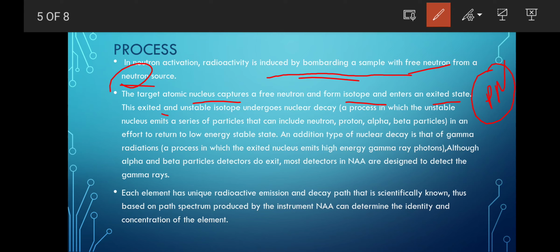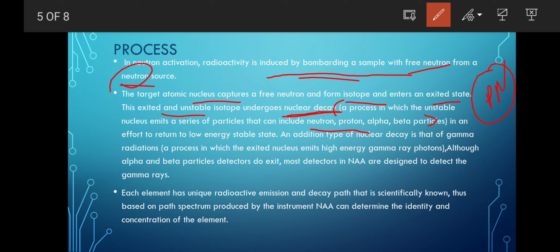This excited state, the unstable isotope, undergoes nuclear decay. Nuclear decay is a process in which the unstable nucleus emits a series of particles. Like we have seen, the neutron, proton, alpha and beta particles.